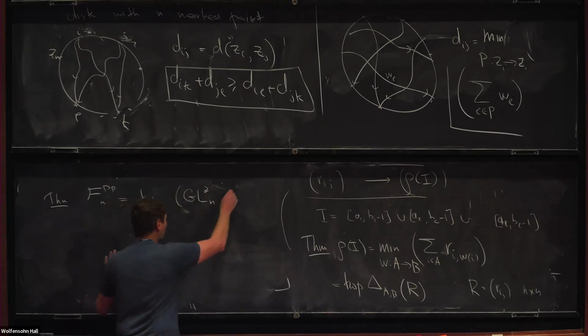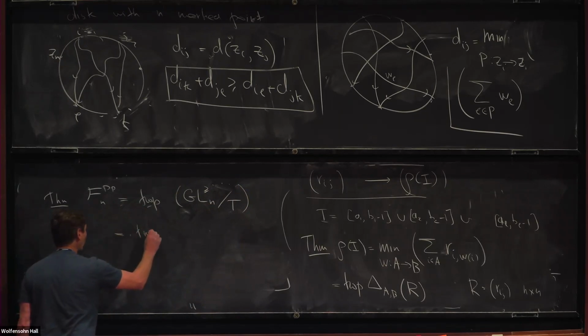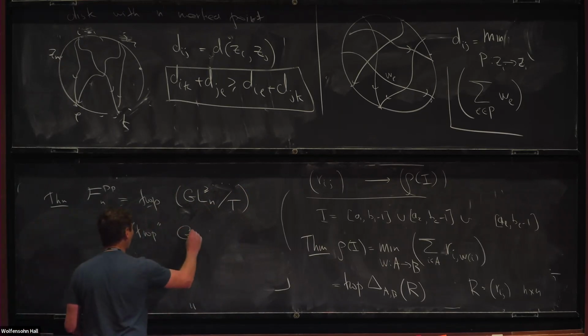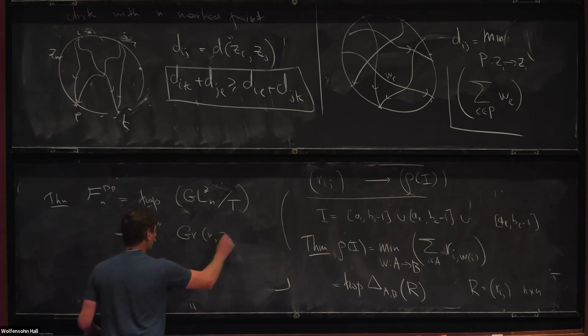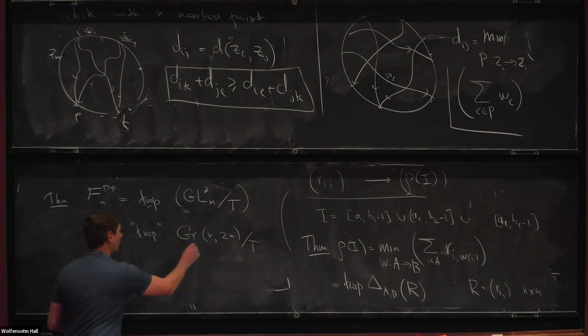Well, to be more precise, we have to mod out by the torus, which is the same as, let me put tropical in quotes. GL_n can be embedded into the tropical Grassmannian Gr(n, 2n), again modulo torus, again the positive part.